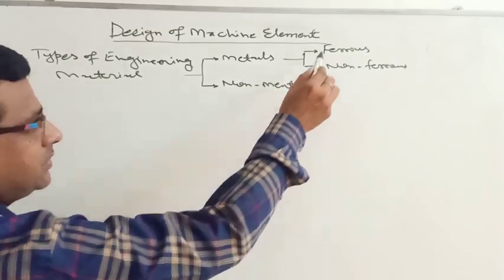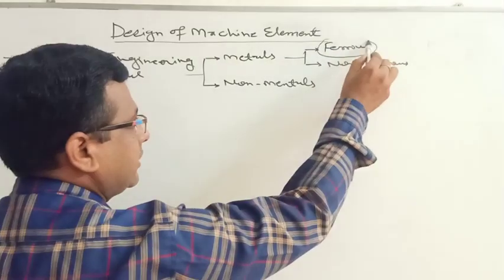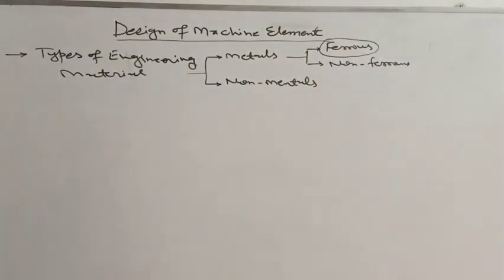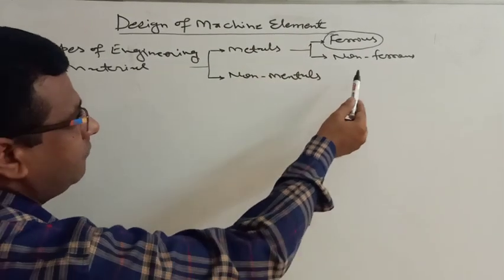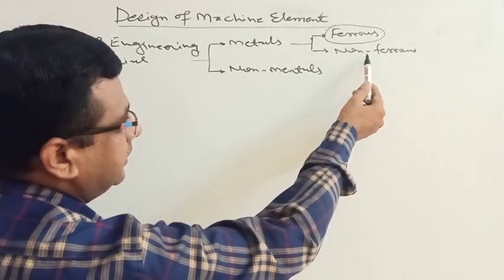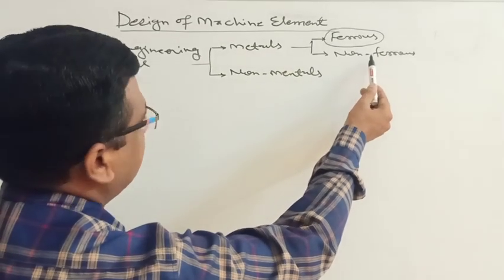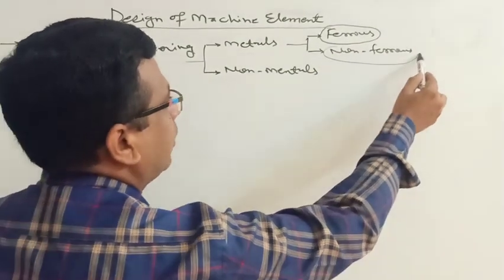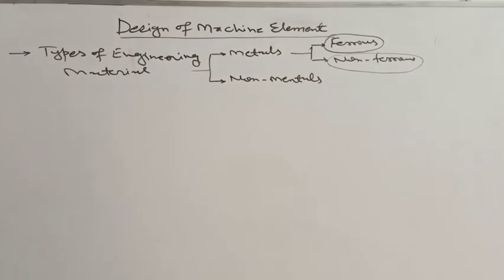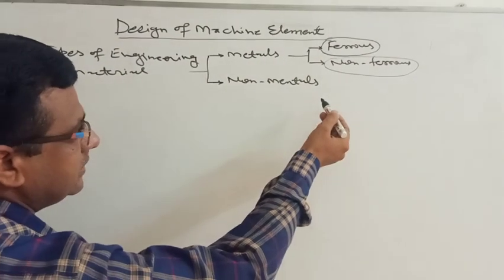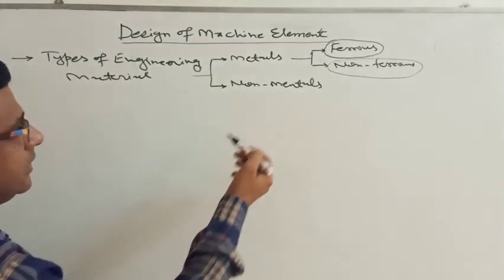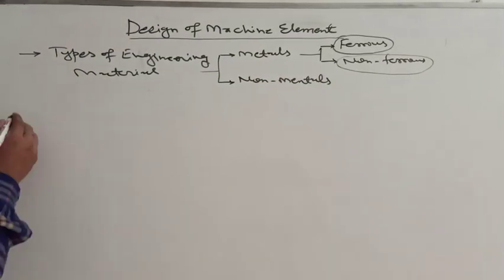For ferrous metals, the major constituent is iron. If the major constituent is other than iron, then the metal is known as a non-ferrous metal. In non-metals, plastic, glass, and rubbers are considered.